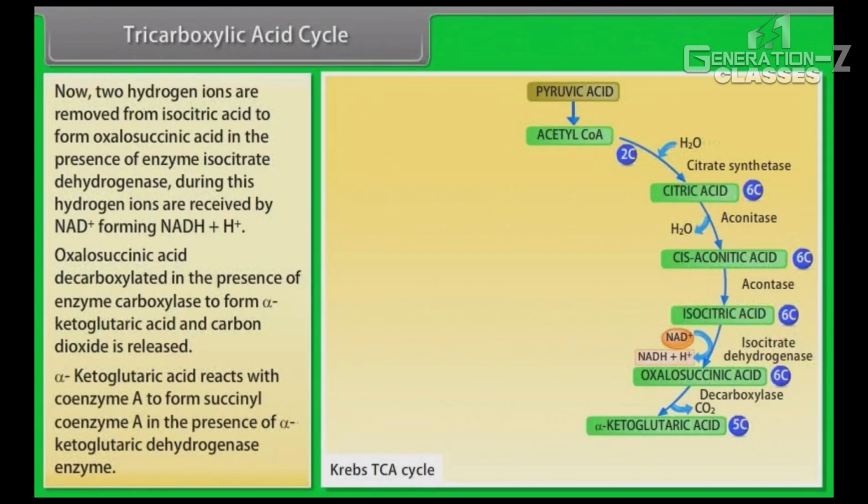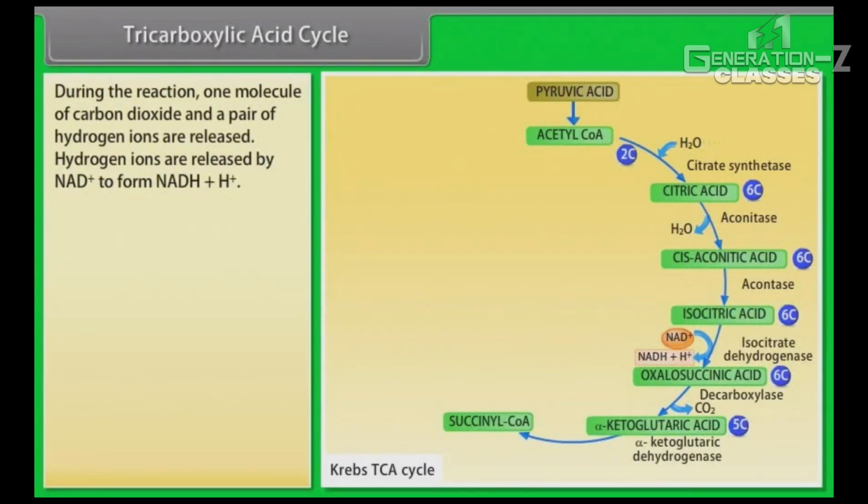Alpha-ketoglutaric acid reacts with coenzyme A to form succinyl coenzyme A in the presence of alpha-ketoglutarate dehydrogenase enzyme. During the reaction, one molecule of carbon dioxide and a pair of hydrogen ions are released. Hydrogen ions are received by NAD+ to form NADH plus H+.